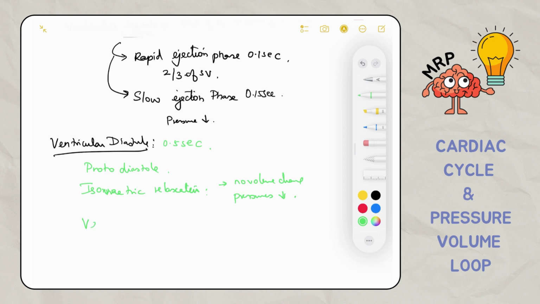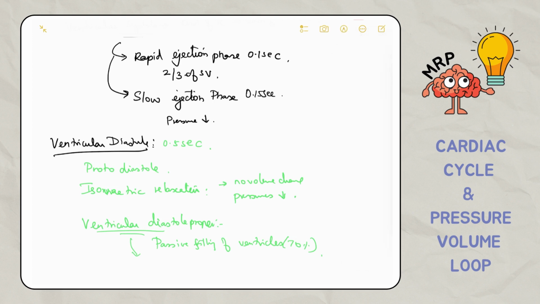Next comes the ventricular diastole proper. Here it is nothing but the passive filling of the ventricles. Around 70% is passive filling of the ventricles. Even in this ventricular diastole proper, you have the initial rapid filling phase and then the slow filling phase.